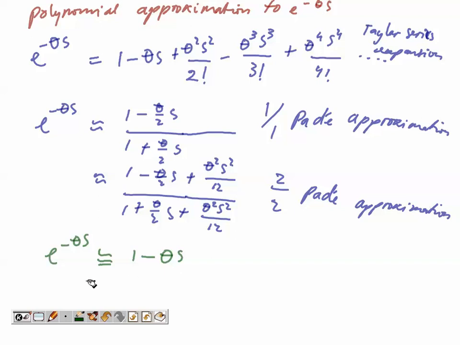This form can also be written in another form, because e to the minus theta s is 1 over e to the theta s, so it is similar to 1 over 1 plus theta s.